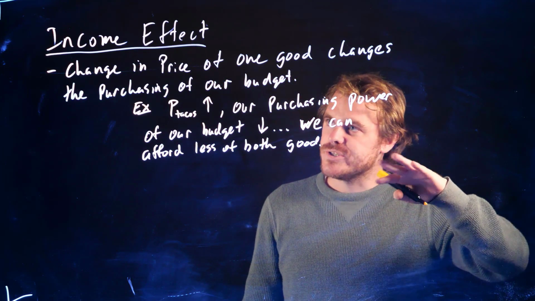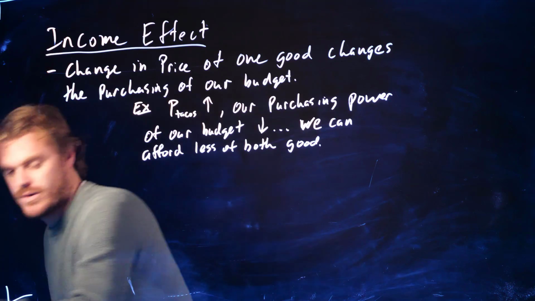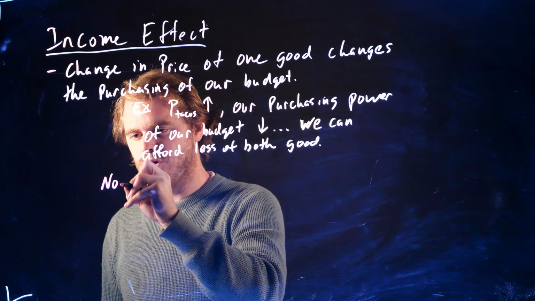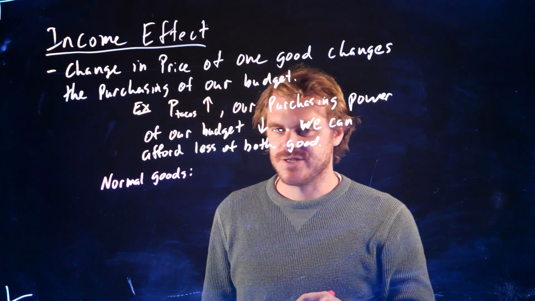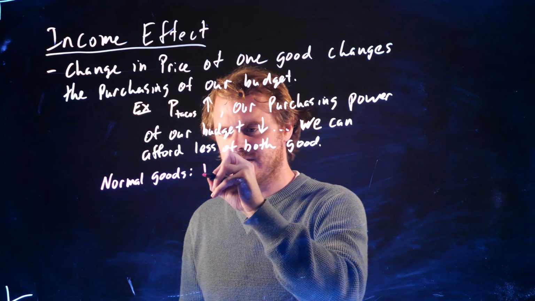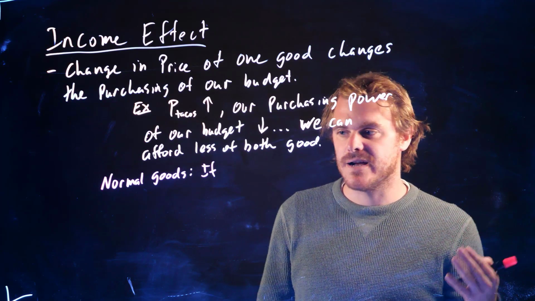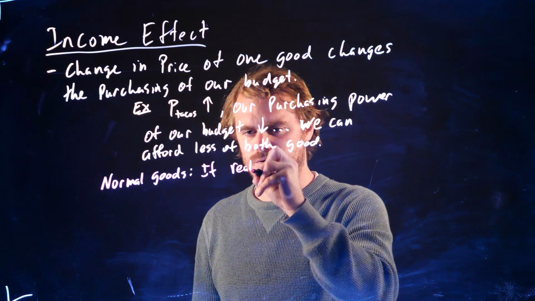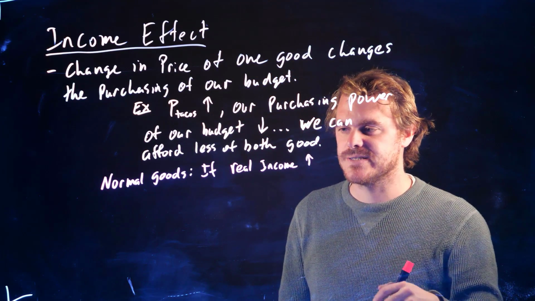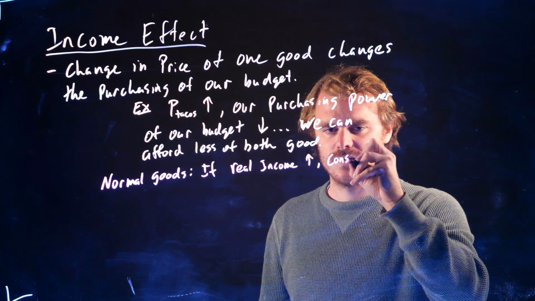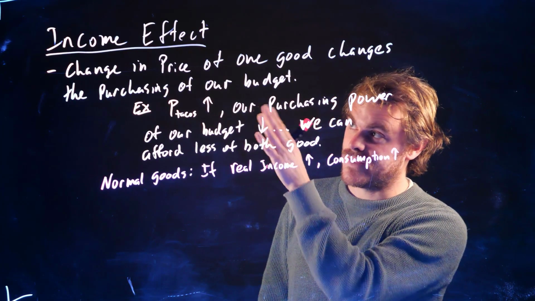All right, we also learned about two different types of goods. So remember we had normal goods. With normal goods, if our purchasing power, our real income, goes up, for instance from a fall in prices, consumption for that good will increase due to this income effect.